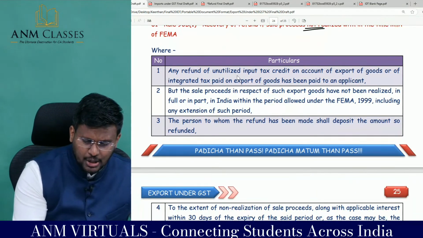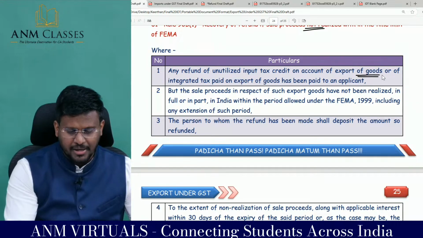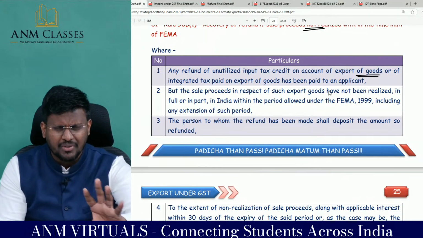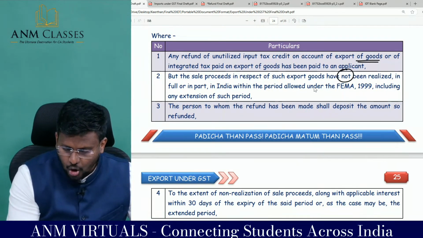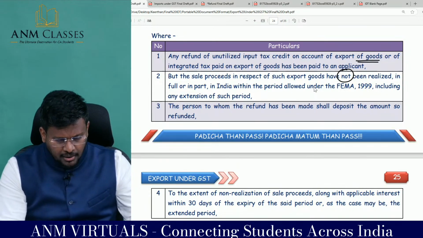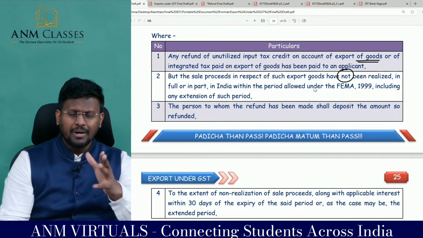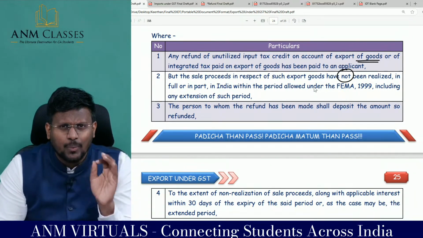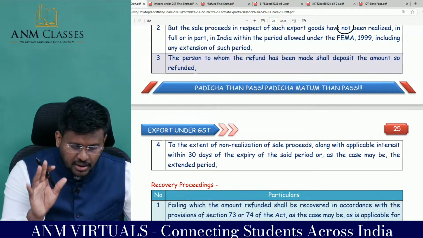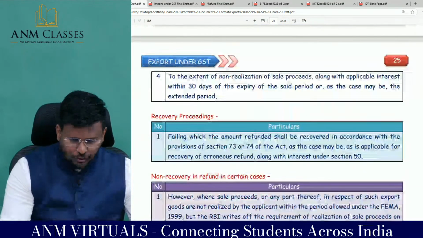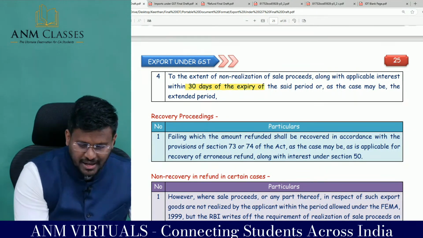Where any refund of unutilized ITC on account of export of goods, or of integrated tax paid on export of goods, has been paid to an applicant, that means the government has given the refund, but the sale proceeds in respect of such export goods have not been realized in full or in part in India within the period allowed under FEMA, including any extension of such period, then the person to whom the refund has been made shall deposit the amount so refunded, to the extent of non-realization of sale proceeds, along with interest within 30 days of the expiry of the said period.